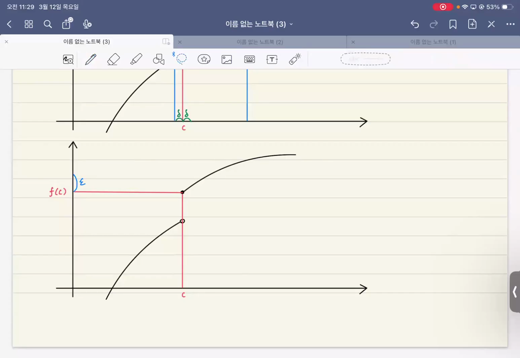This is my epsilon. So this is f of c plus epsilon. This is f of c minus epsilon.